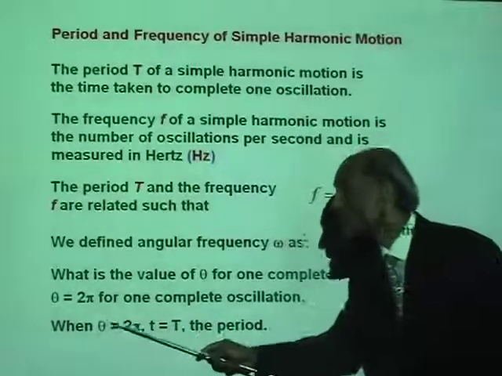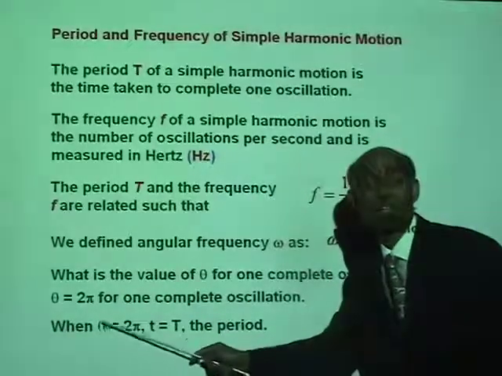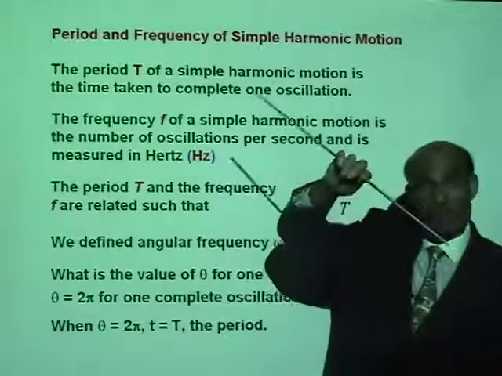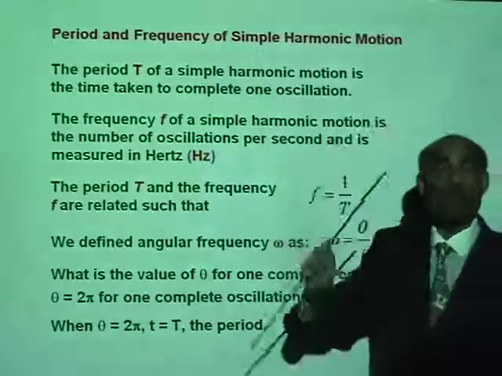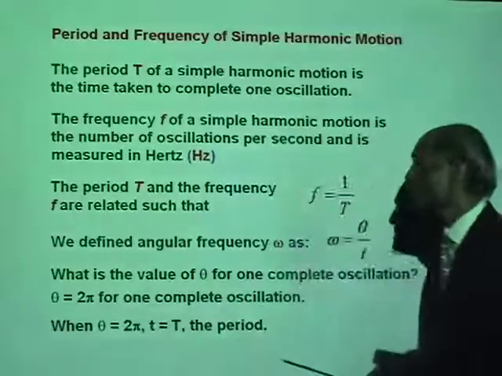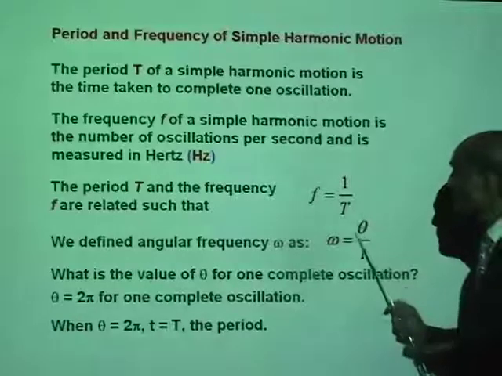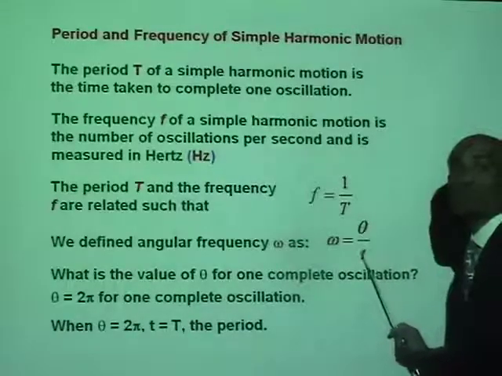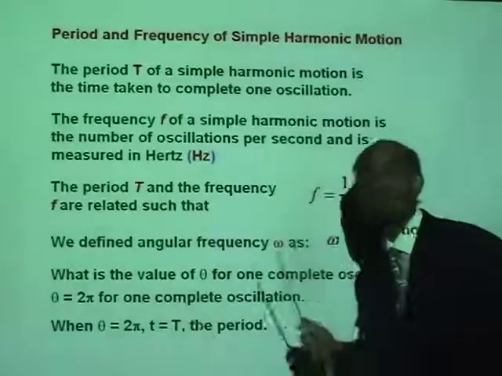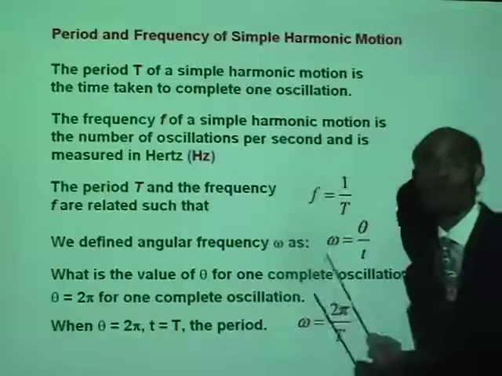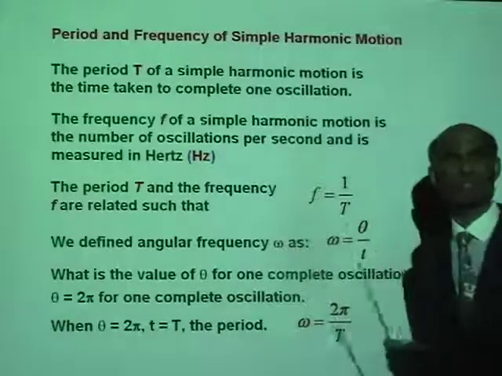Therefore, when theta equal to 2 pi, the time taken for the angle to complete 2 pi radians is called 1 period. So when t equal to uppercase T, if this theta is 2 pi, then this time t will be the period T.